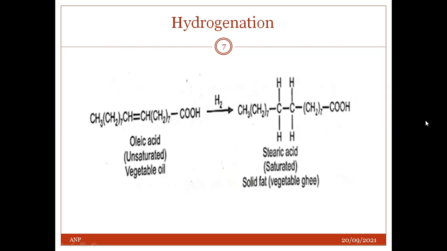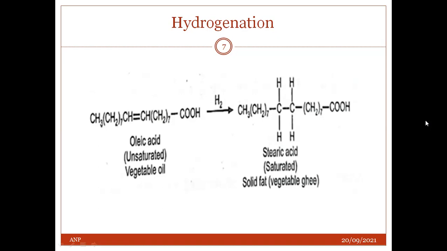On catalytic hydrogenation at low pressure, hydrogen adds across the carbon-carbon double bond of the acid component of the triglycerides, and this results in the formation of saturated glycerides, which are solid fats at room temperature.